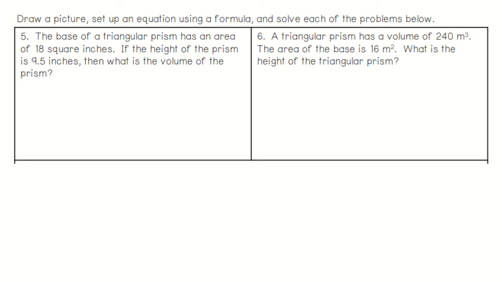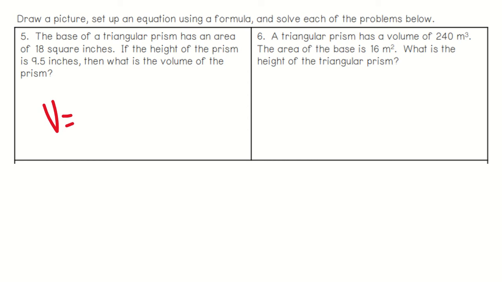Number 5, it says draw a picture, set up an equation, and solve for each of the problems below. The base of a triangular prism has an area of 18 square inches. If the height of the prism is 9.5, what is the volume of the prism? Okay.